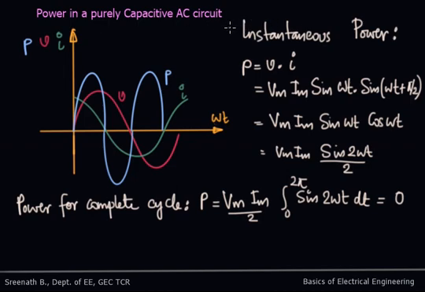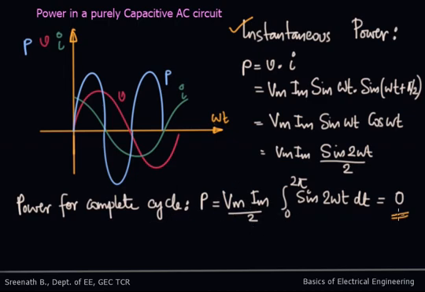Now when you calculate your instantaneous power, just like you have done in the case of an inductor, you will be getting the value of instantaneous power for a complete cycle equal to 0. You have a similar derivation. Your p is v into i, Vm sin omega t into Im sin omega t plus pi by 2. So that is Vm Im sin 2 omega t by 2, or Vm Im by 2 sin 2 omega t.